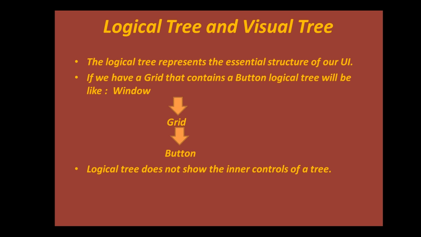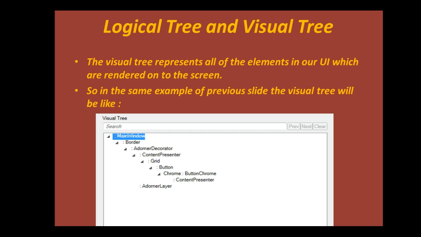So if we have a window and then a grid and then a button, it's the logical tree that is visible to our eyes. And here comes the visual tree. So the visual tree represents all of the elements in our UI which are rendered on the screen. So in the same example of our previous slide, the visual tree will be like, we can see window, then we have a border, then we have an adorner decorator, then we have a content presenter, then we have a grid, then we have a button, then we have a chrome button, then we have a content presenter.